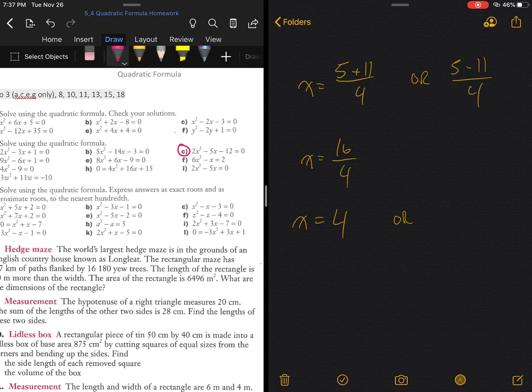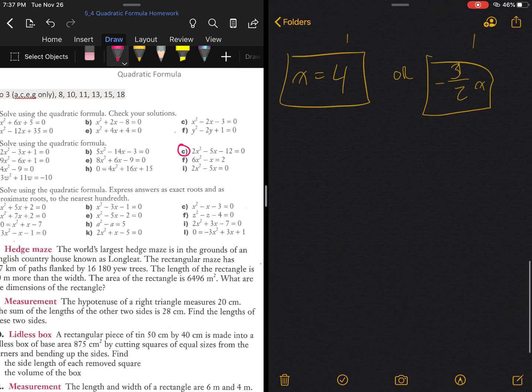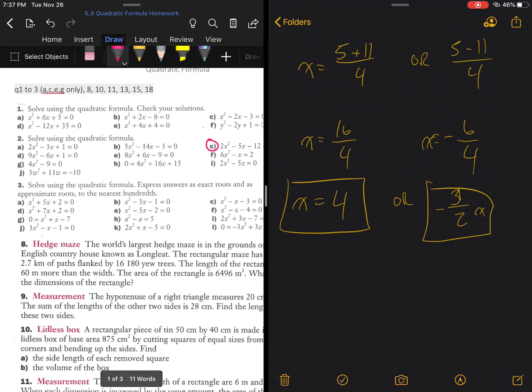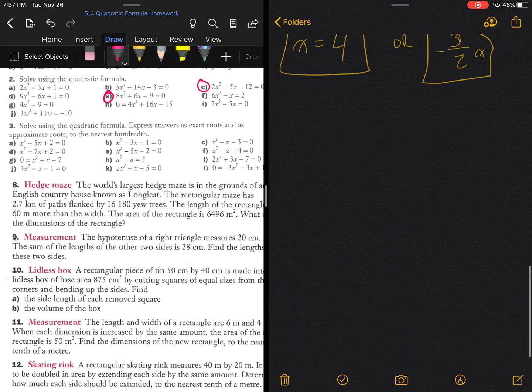So that means x is equal to 16 over 4, which is equal to 4, or 5 minus 11, that's equal to minus 6 over 4, or minus 3 over 2, negative 1.5. And that's basically C. Let's try E.